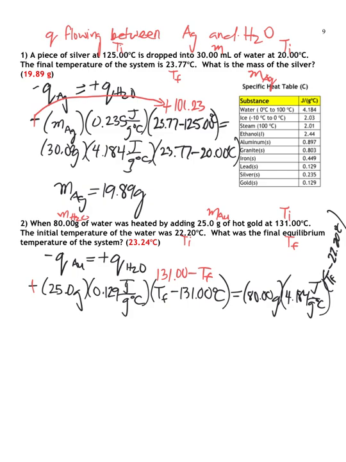As a result, I can then multiply these two values first and then distribute into this term here. And in doing so, I am going to get 25 times 0.129 times 131. So I'm going to get 422.475.